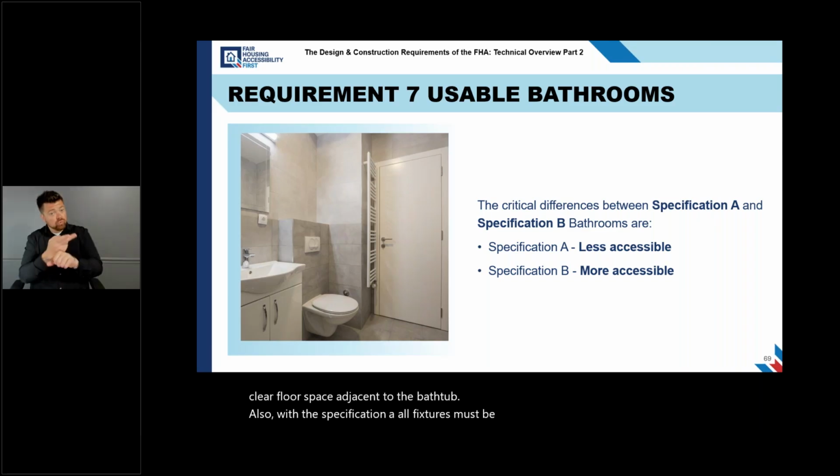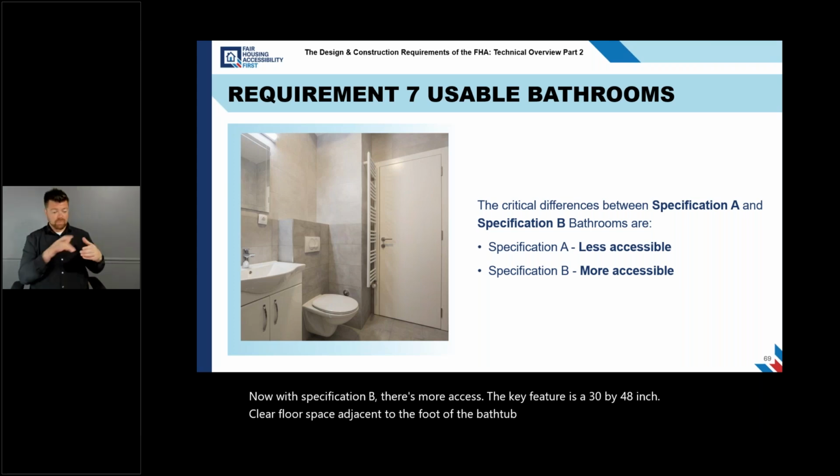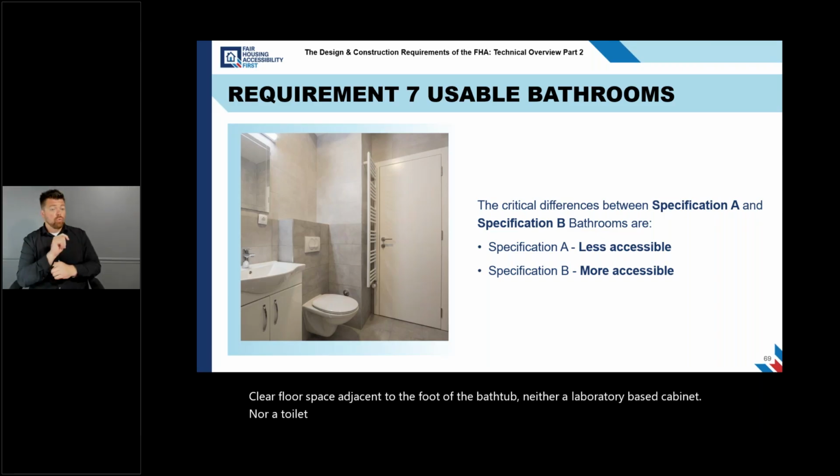Now, with Specification B, there's more access. The key feature is a 30 by 48-inch clear floor space adjacent to the foot of the bathtub. Neither a lavatory-based cabinet nor a toilet is allowed to infringe on this clear floor space.